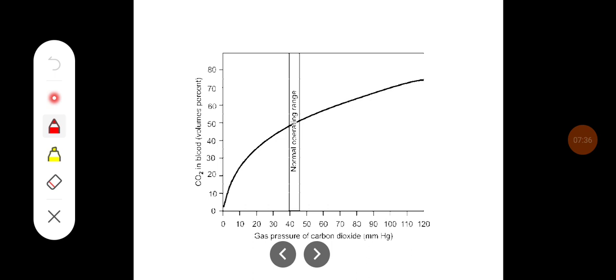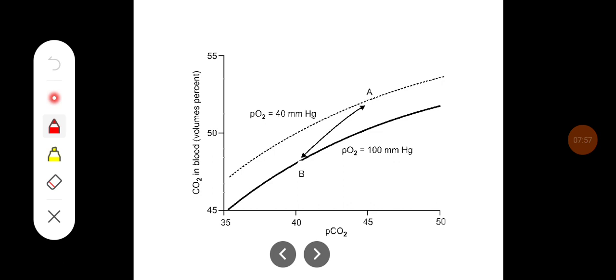So this is the normal carbon dioxide dissociation curve, which is almost linear, and the partial pressure of carbon dioxide changes within this narrow range of 40 to 45 mmHg.